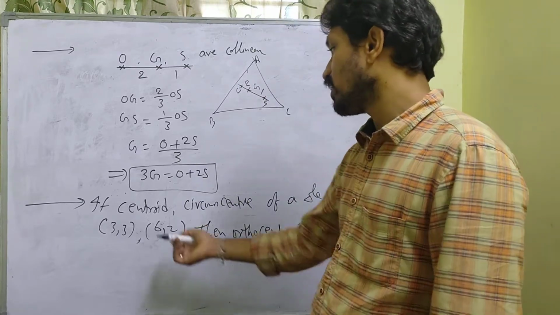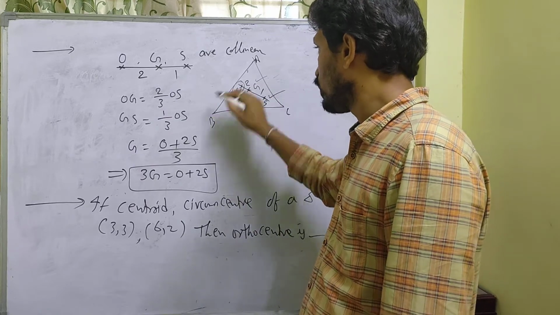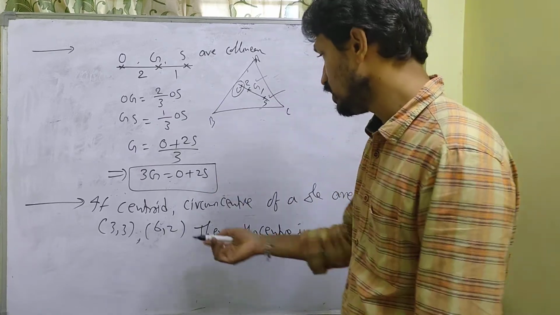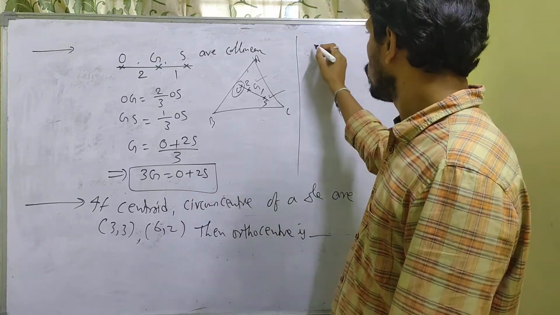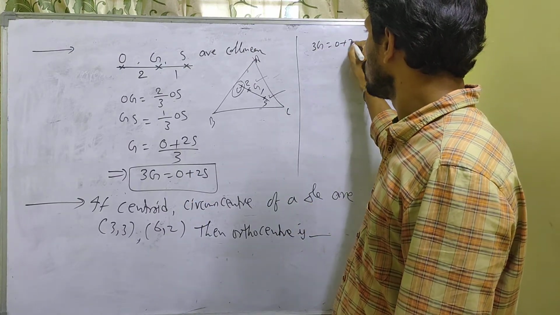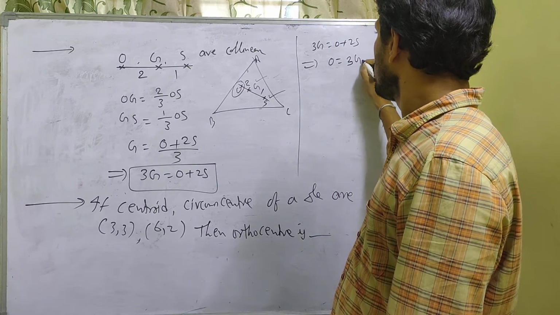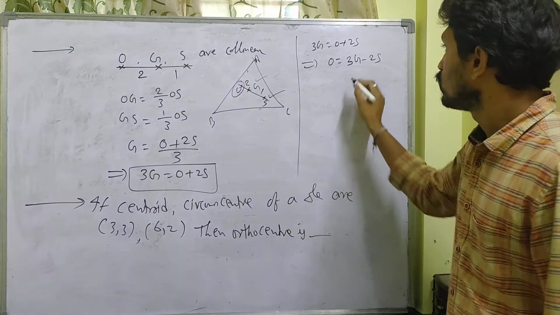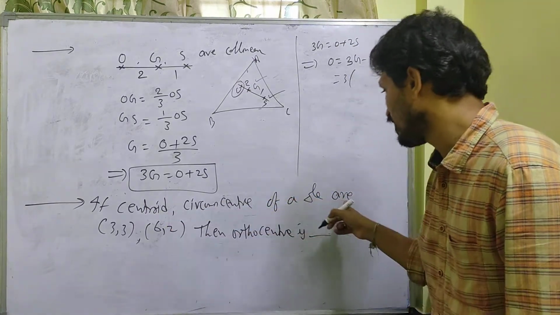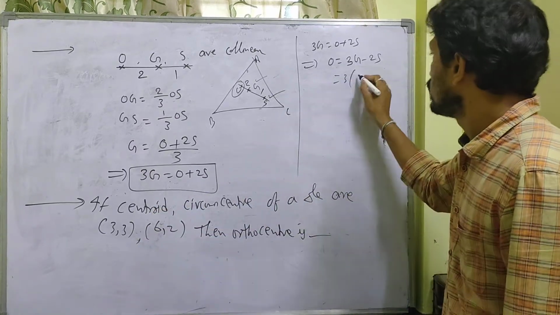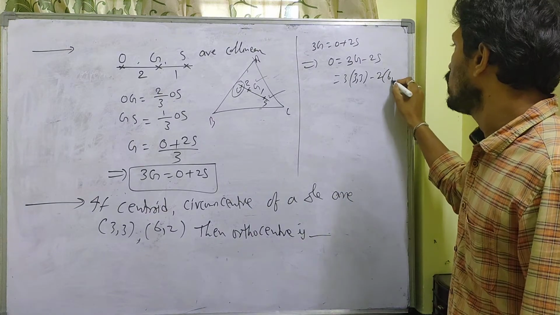Now, the centroid is given, circumcenter is given, and he is asking to find O. So 3G is equal to O plus 2S, or O is equal to 3G minus 2S. Centroid is the first one, that is 3, 3, minus 2 into circumcenter 6, 2.